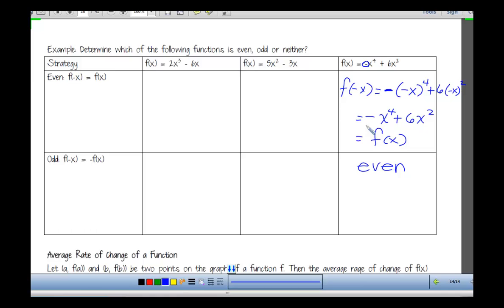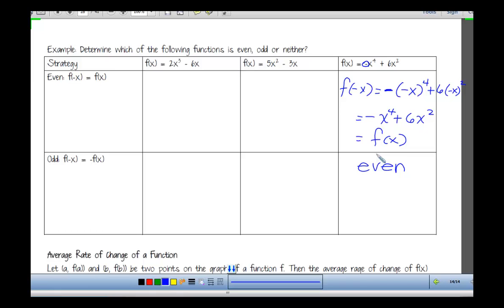But then when I put negative x inside of the 4th power, that becomes just x to the 4th. So that's what I got there. And of course, same thing here, negative x squared. We talked about that a few days ago. When we raise a negative value to an even power, it comes out positive. And so we got plus 6x squared, and this is exactly what we started with. So equals f of x, therefore it's even.